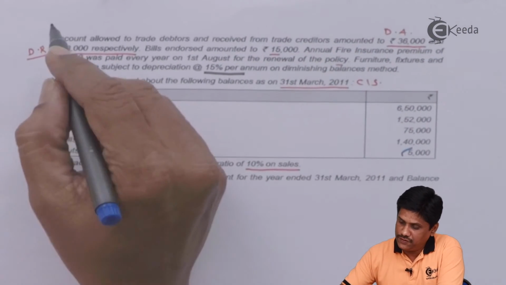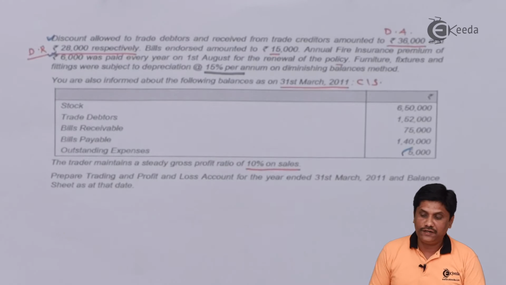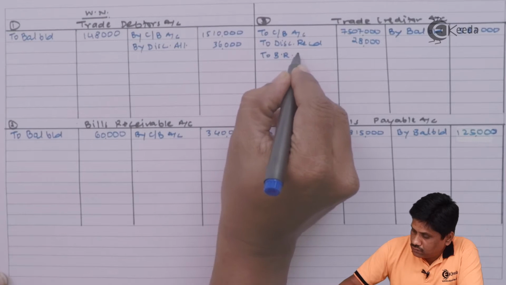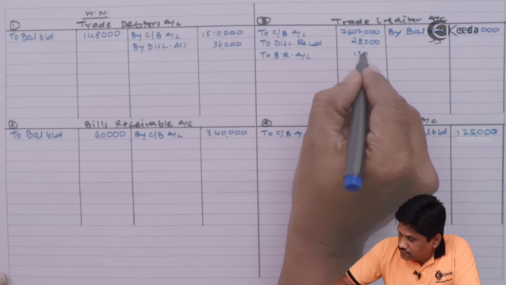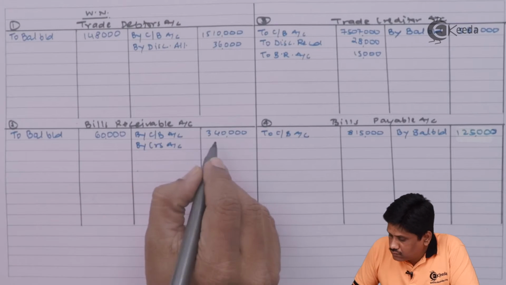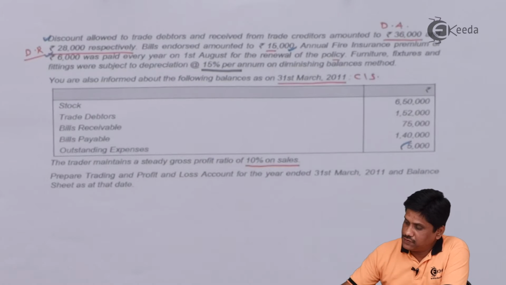This information is done. Bills endorsed amounted to 15,000. We endorse bills to our creditors, so entry will be creditors account debit to bills receivable. So we have done with the bills endorsed.